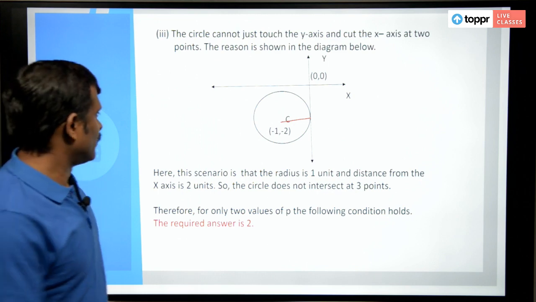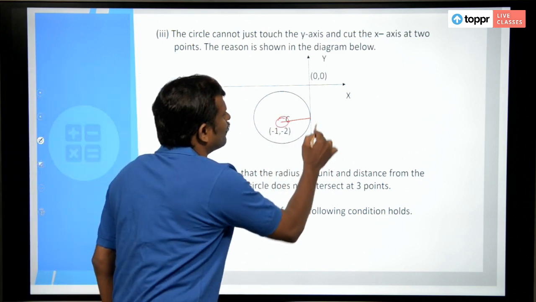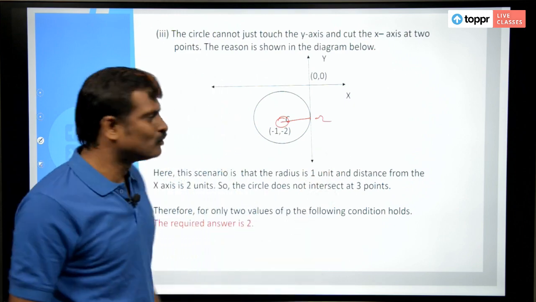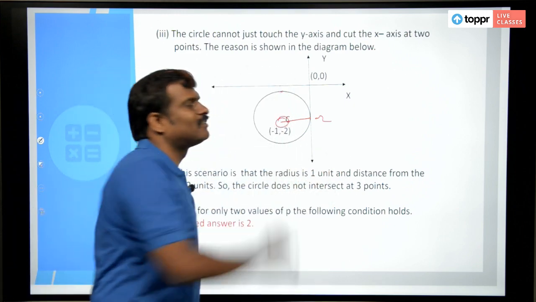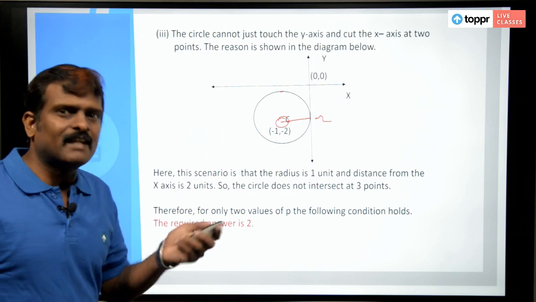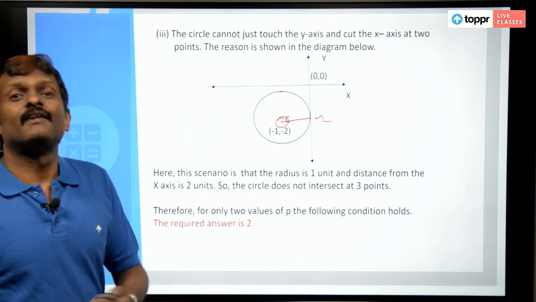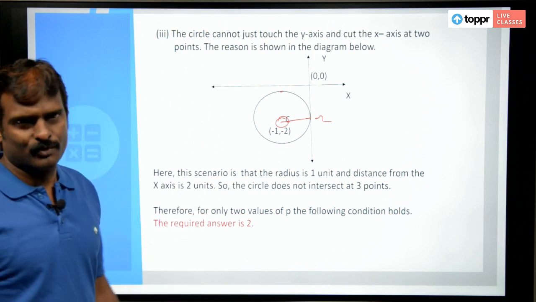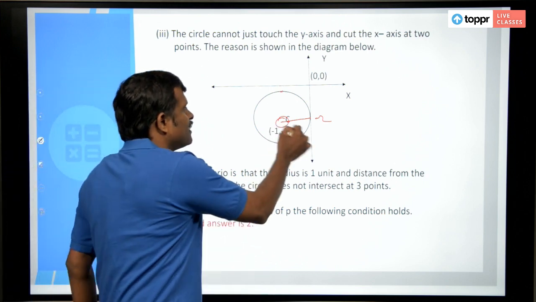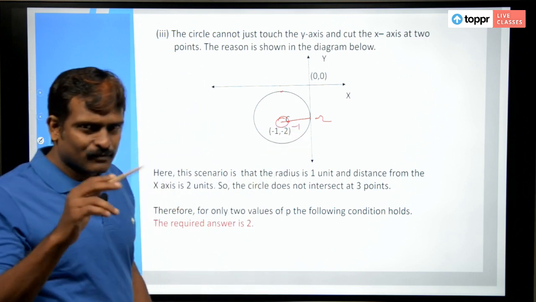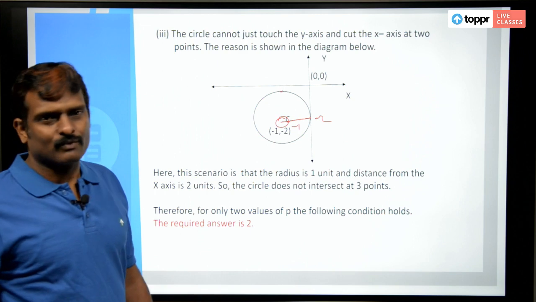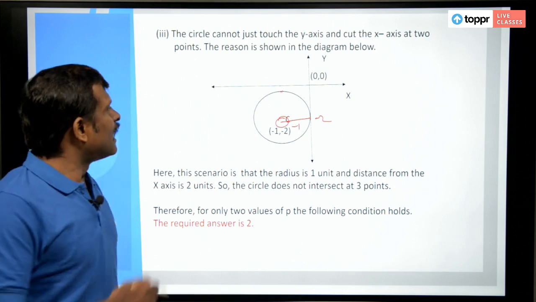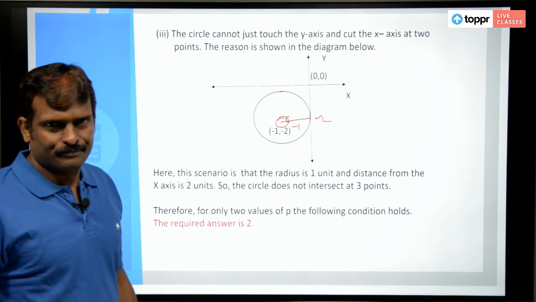Minus 1. But this point here is at a distance of minus 2. That means it cannot even touch the x axis, not intersect, it cannot even touch it. So this case is not possible, because the radius is minus 1 and the distance from the x axis to the center is minus 2. So your circle got reduced, and this is not a possible case, understand.